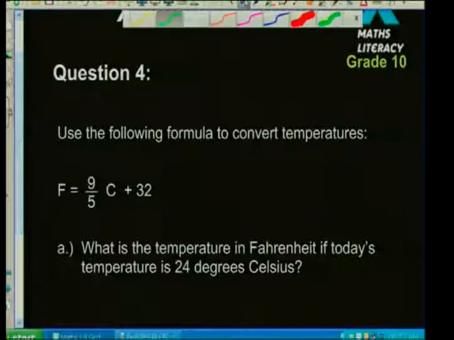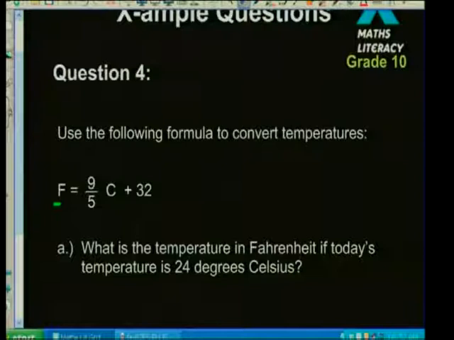What my formula basically says is that if I want to convert to degrees Fahrenheit, I take my degrees Celsius, multiply by the fraction 9/5, and then add 32. Now remember, 32 was the freezing point of water.